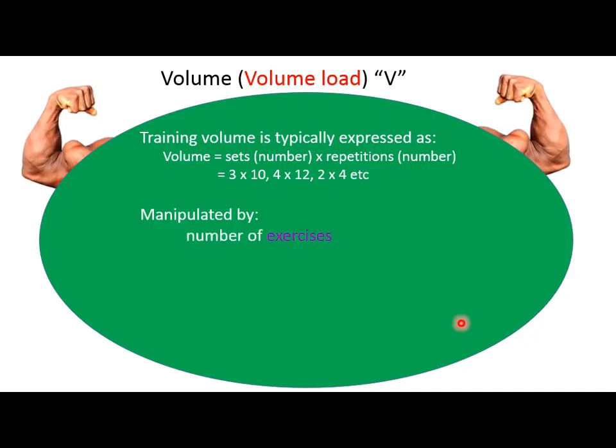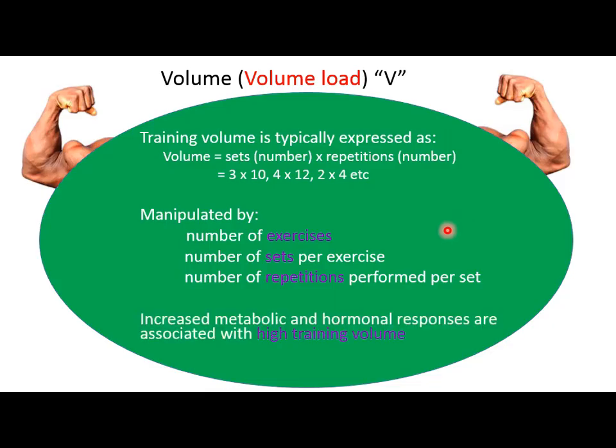Volume can be manipulated by a few things, like the number of exercises, the number of sets per exercise, the number of repetitions per set. What's important to understand is that increased metabolic and hormonal responses are often associated with high training volume.